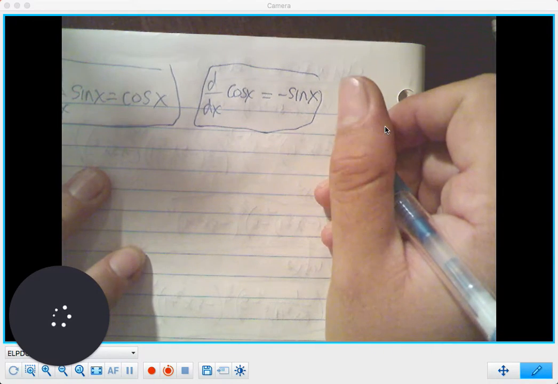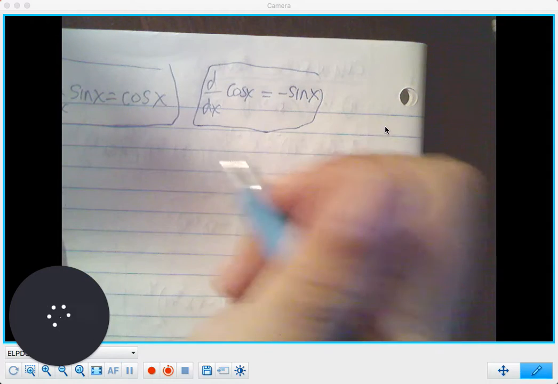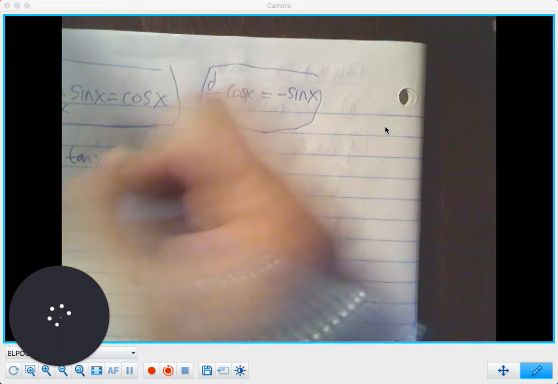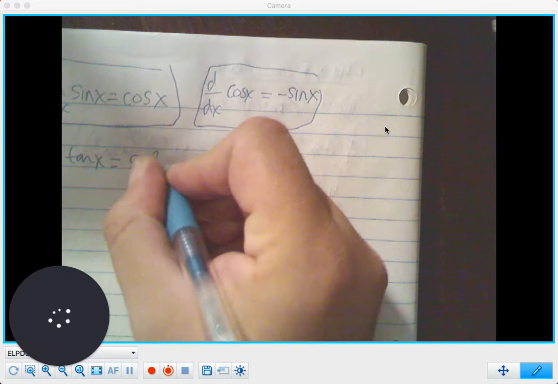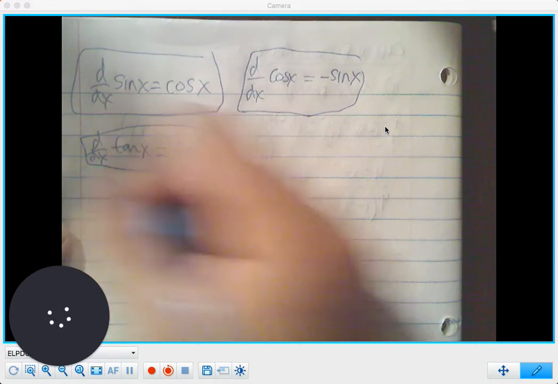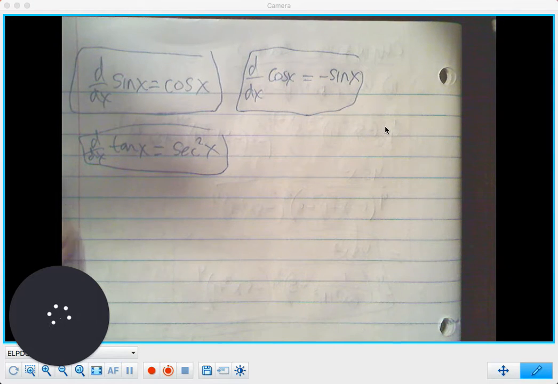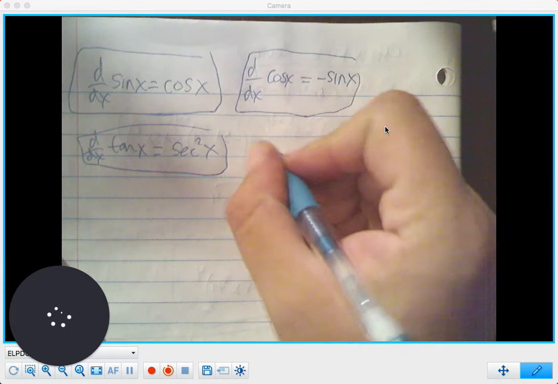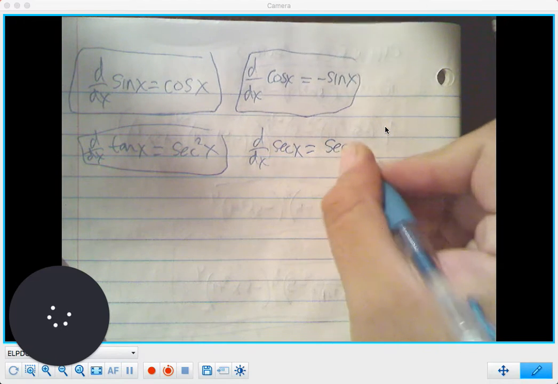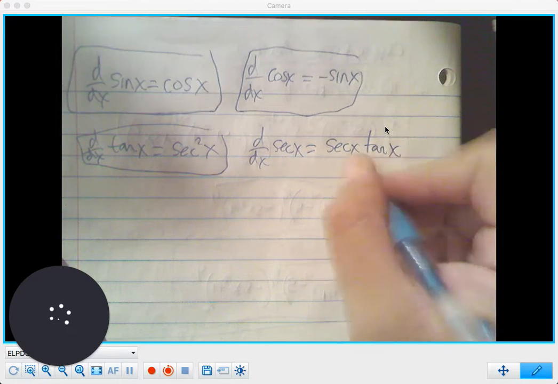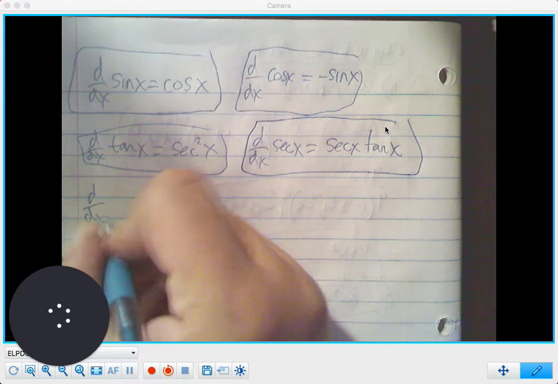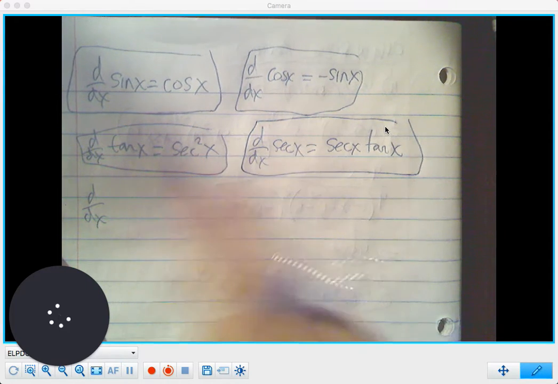And then we have the derivative of tangent equals secant squared x. The derivative of secant x equals secant x times tangent x. What am I missing? Sine, cosine, tangent, secant.